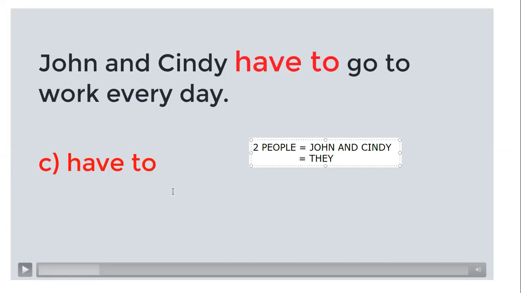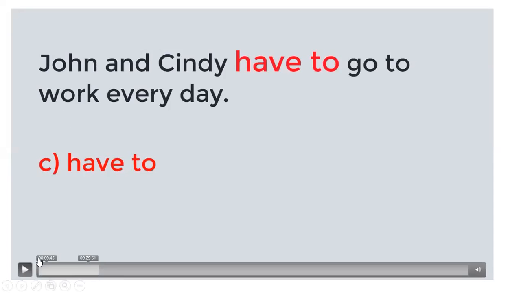So that is why I am saying they. John and Cindy means they, okay? Sometimes that is hard for you to remember or understand, but just keep track of that, okay? So excellent. Let's continue with number 3.